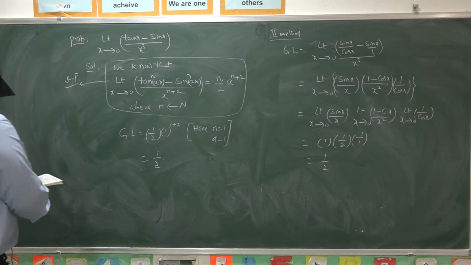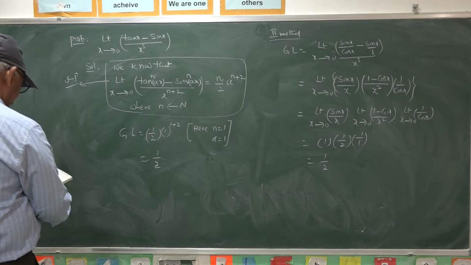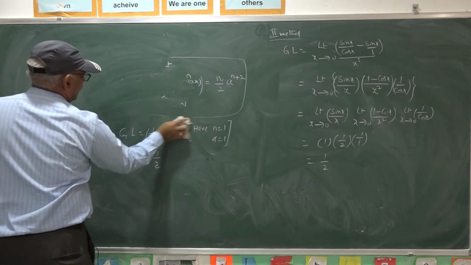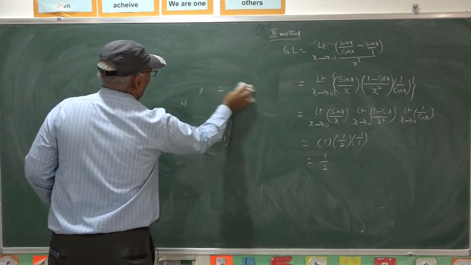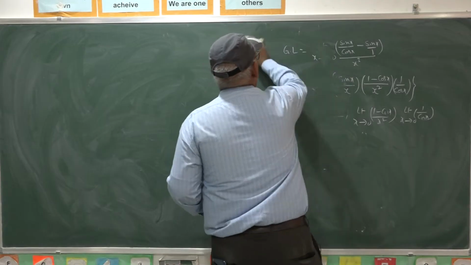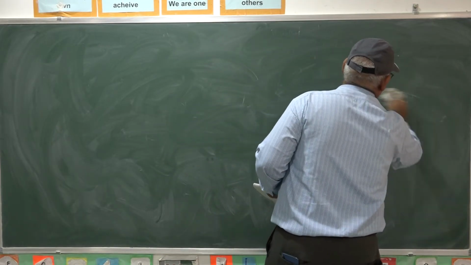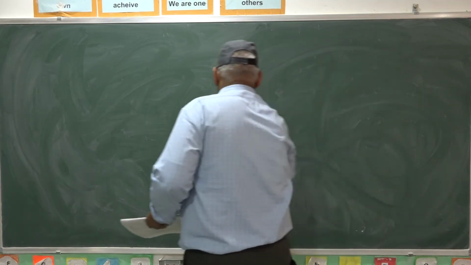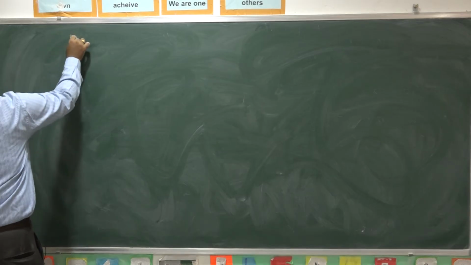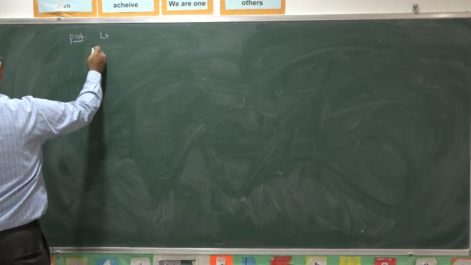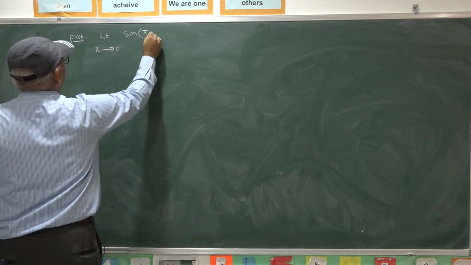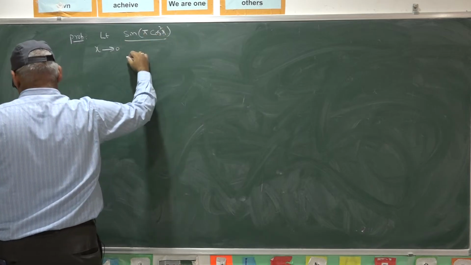Next, limit as x goes to 0, sine of pi into cos square x by x square.